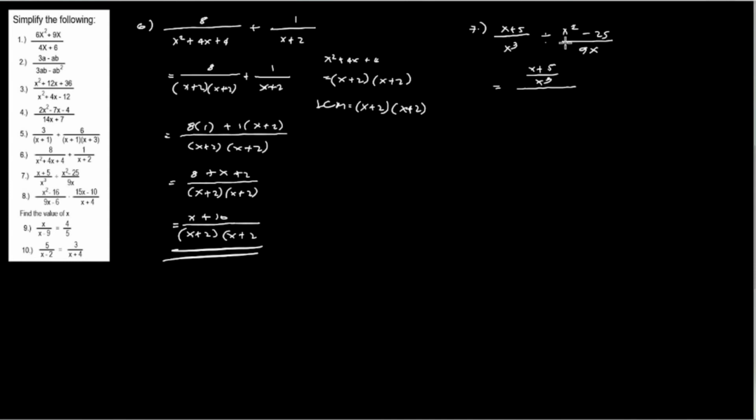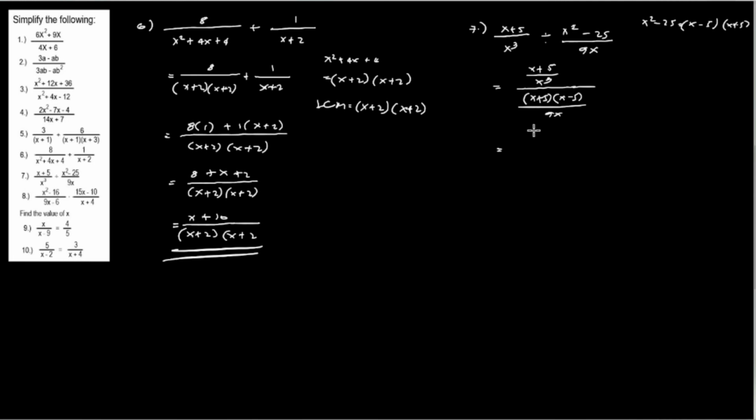It is the difference of two squares, x squared minus 25, and the factors are x minus 5 and x plus 5, or x minus a times x plus a. And this is x plus 5 times x minus 5 all over 9x.